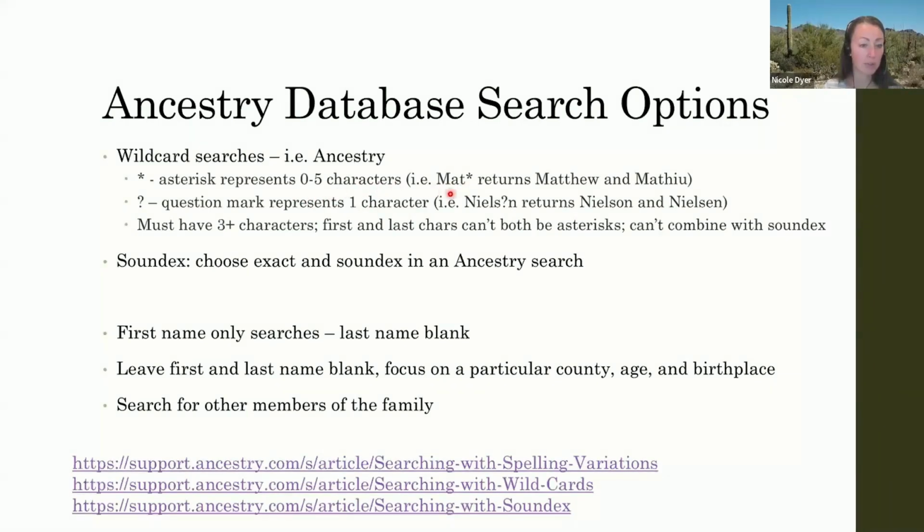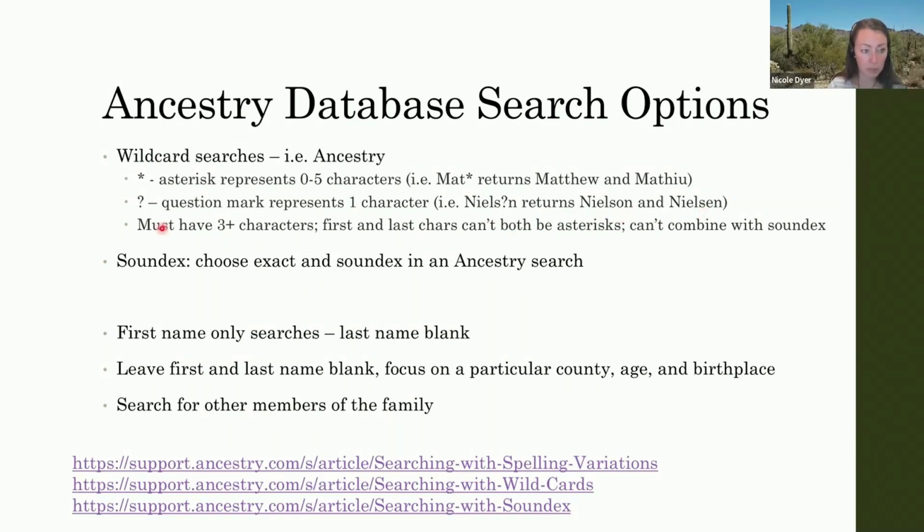So for example, if you put an asterisk at the end of MAT, it would return answers like Matthew and Matthew spelled with THIU. The other wildcard at Ancestry is a question mark, and this represents only 1 character. So if you put the question mark between the S and the N in Nielsen, it would return Nielsen with an O and Nielsen with an E.